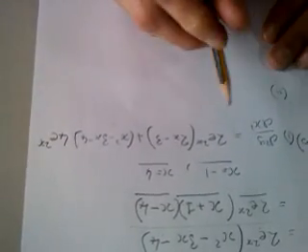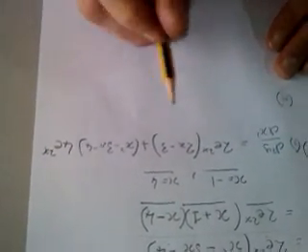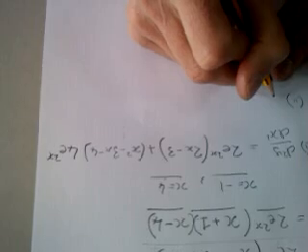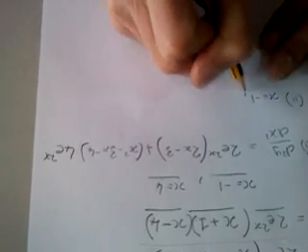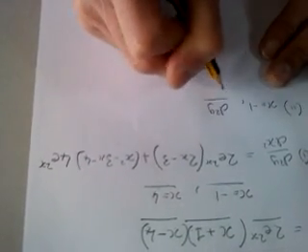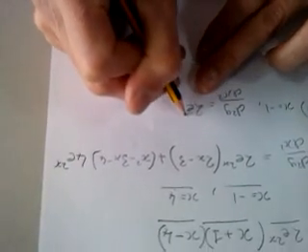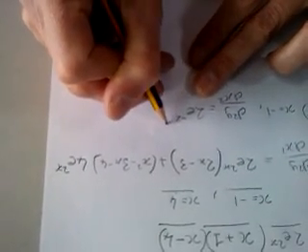B part 2. Determine the nature of each of the stationary points. To find the nature, I've got to put my x values into d2y/dx squared and see whether it's positive or negative. So x equals minus 1. d2y/dx squared would equal 2e to the minus 2 times minus 5.